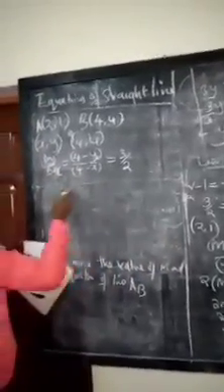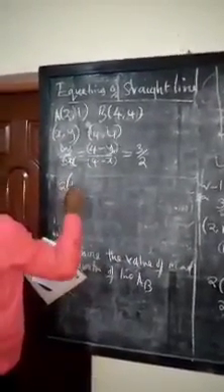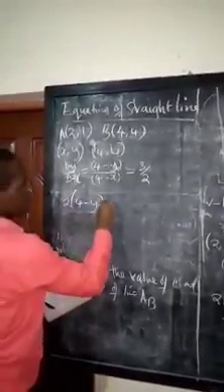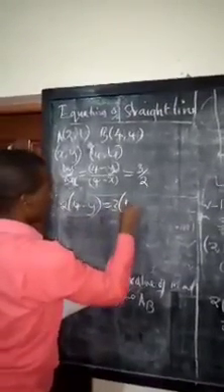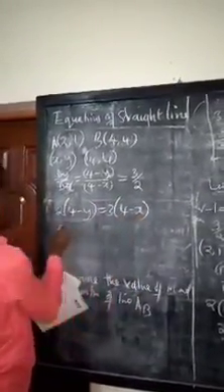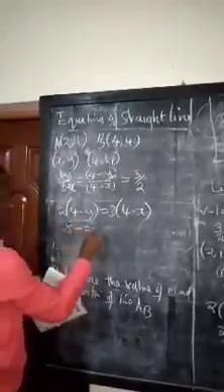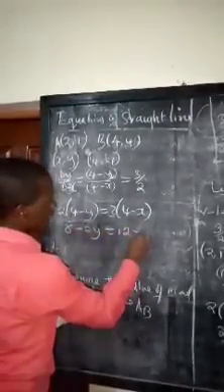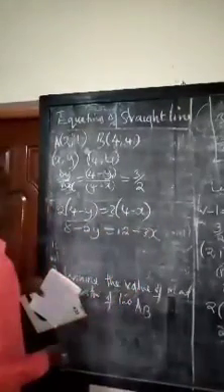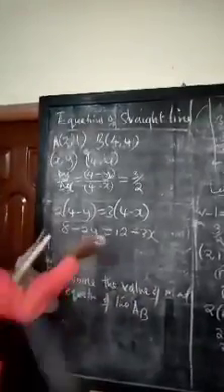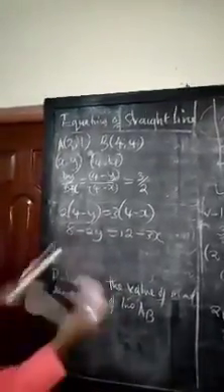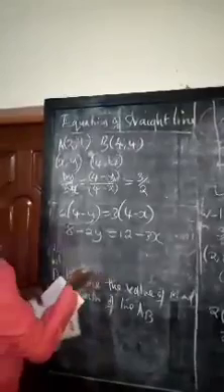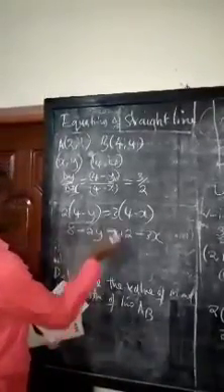If we cross multiply, we get 2 times (4 minus y) is equal to 3 times (4 minus x). This will give us 8 minus 2y is equal to 12 minus 3x. This is already our solution, but we can write it in the form of y equals mx plus c.